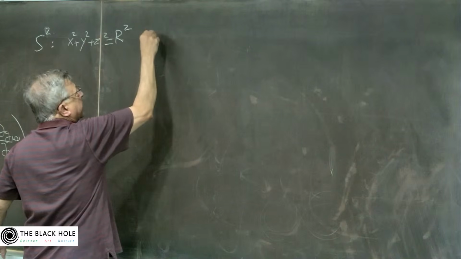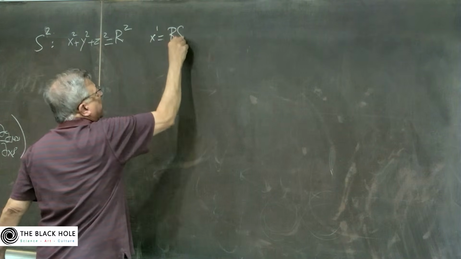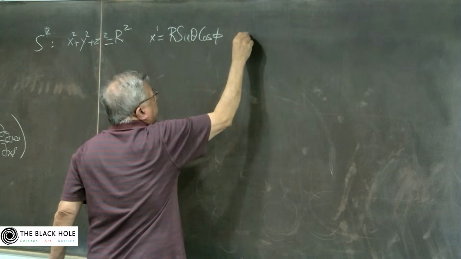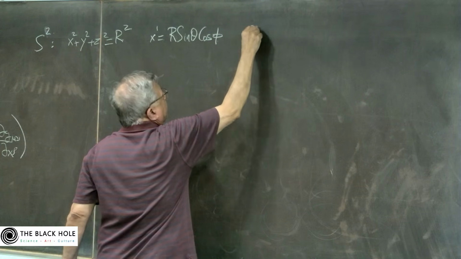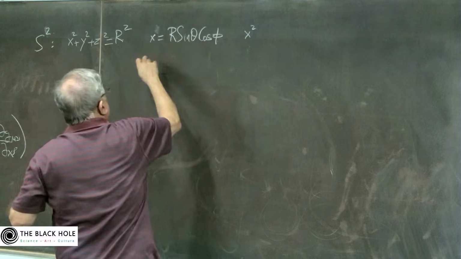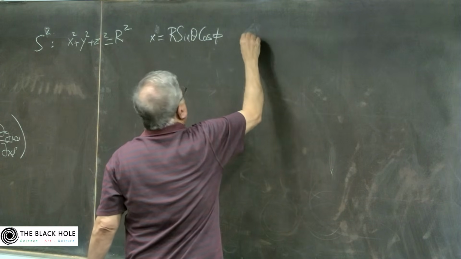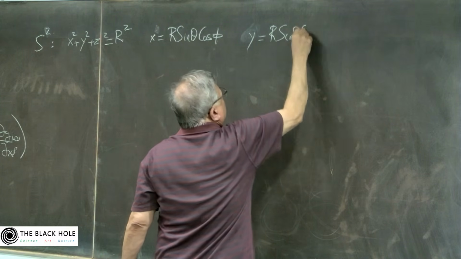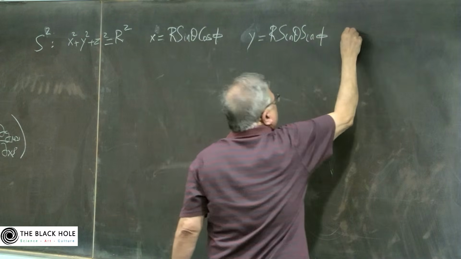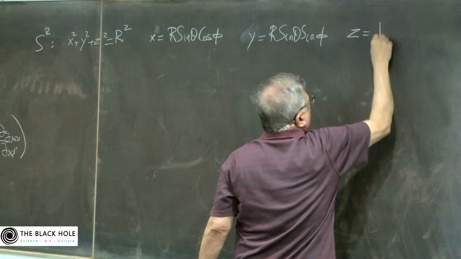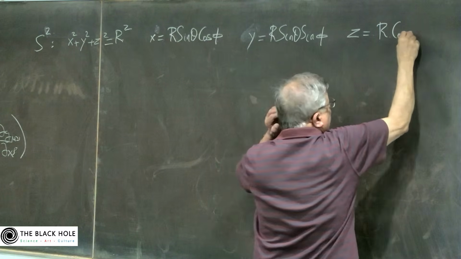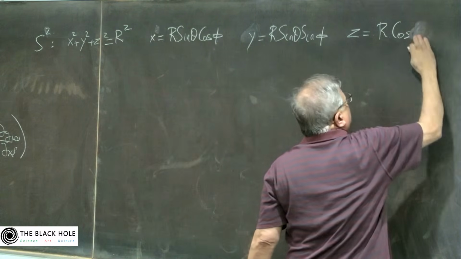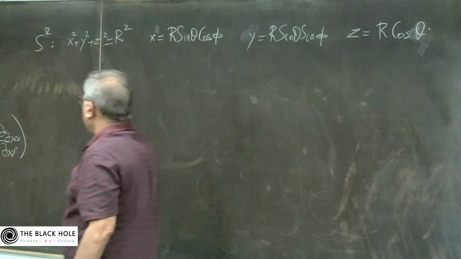We say x is equal to r sine theta cos phi, y equals r sine theta sine phi, z equals r cos theta.